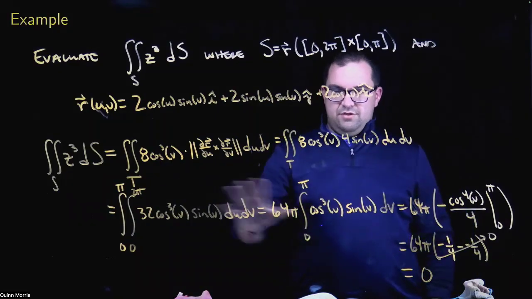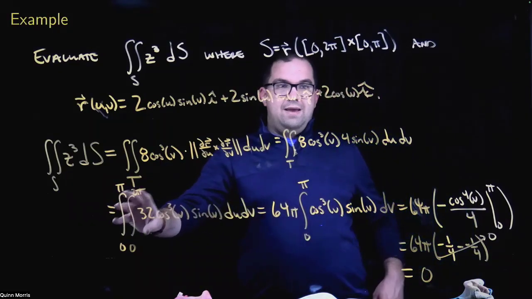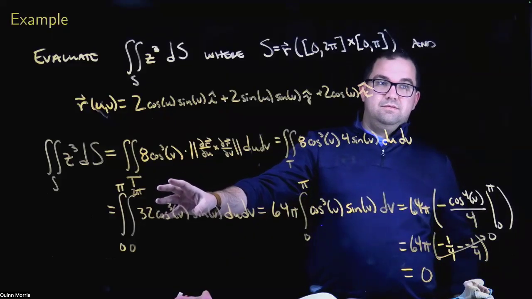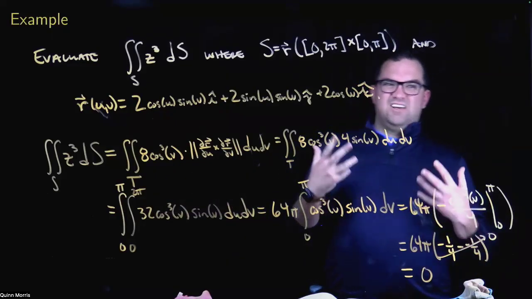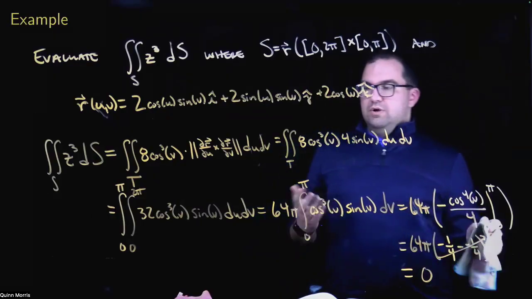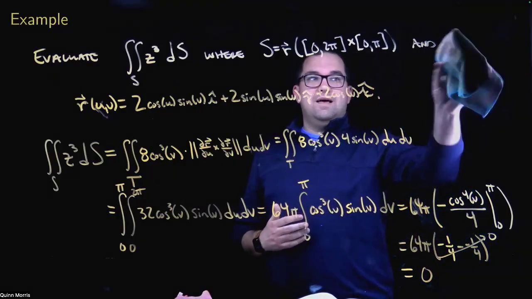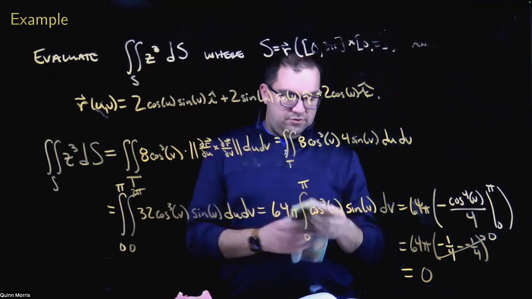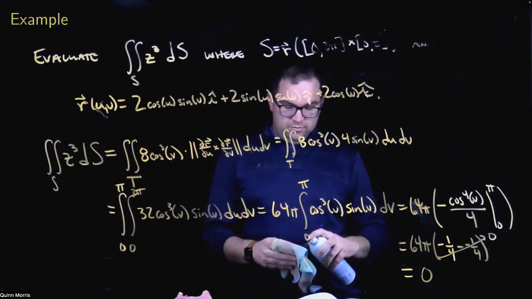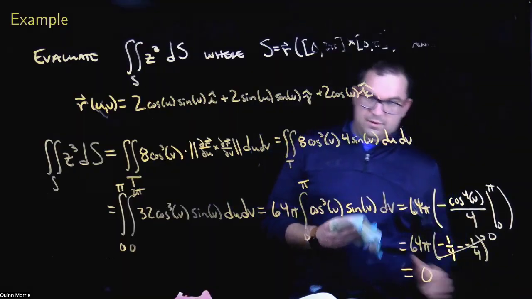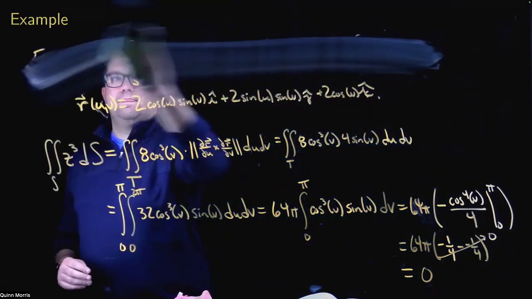So then I do that, and now this just becomes a double integral over the parameter region T, right? And so that's how I actually calculate these things. So the actual calculation just becomes a double integral problem. You just apply the definition and we define the surface integral of a function in terms of a double integral over the parameter space. All right.